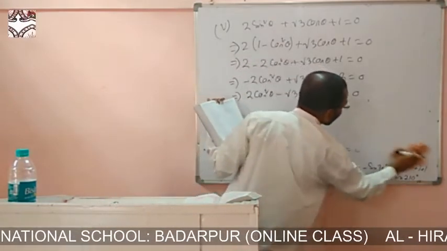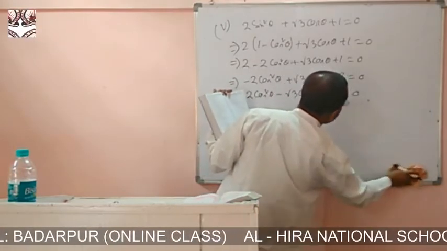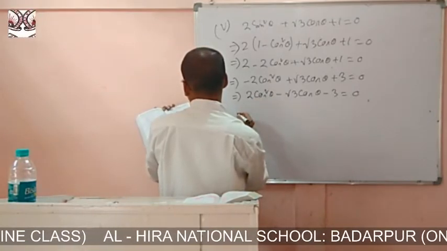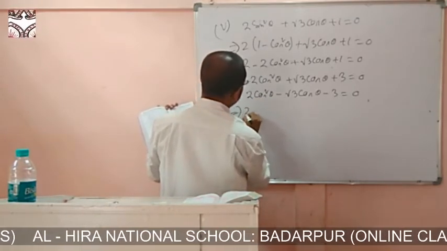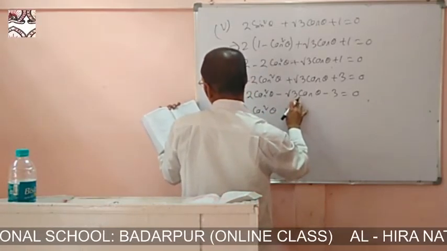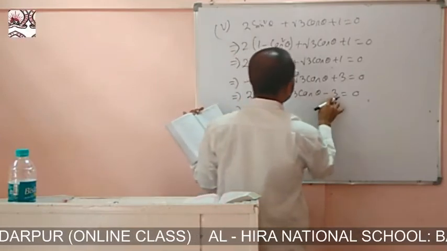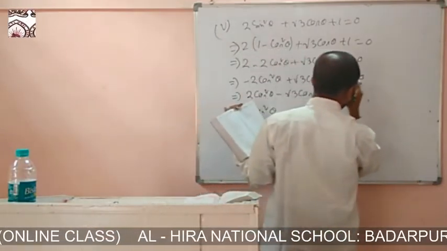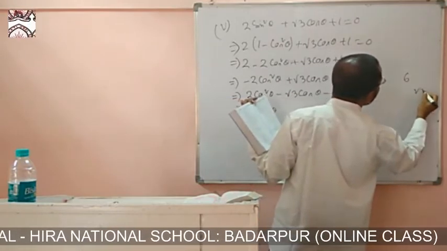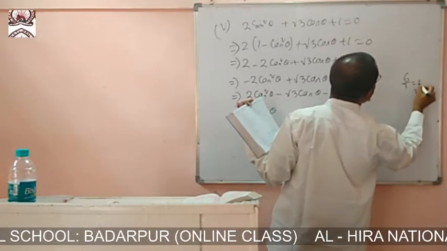Now twice cos square theta minus root 3 cos theta minus 3. So for this we write twice cos square theta; root 3 into 2 root 3... root 3 into root 3 is 3, so 3 into 2 is 6.